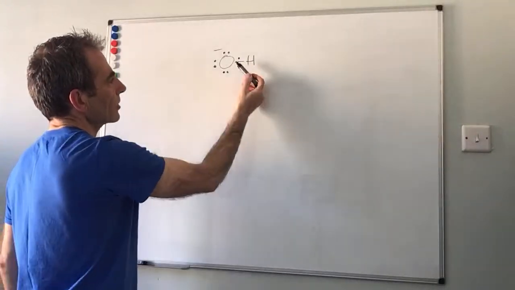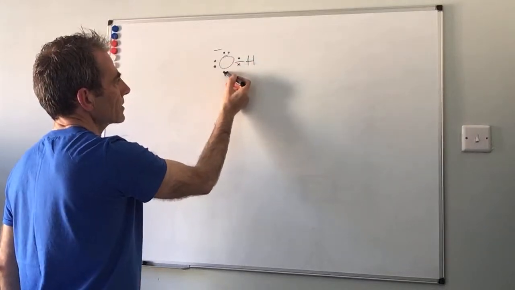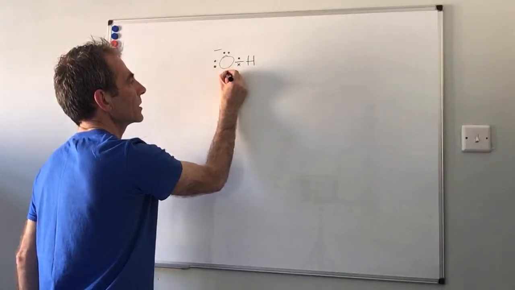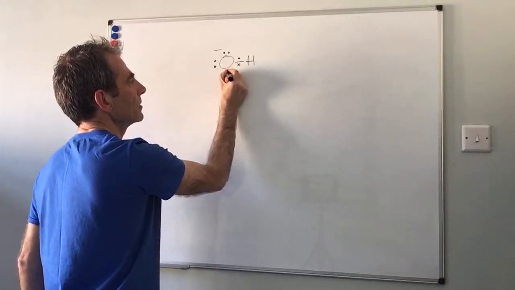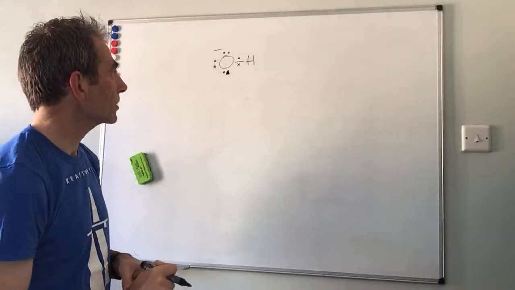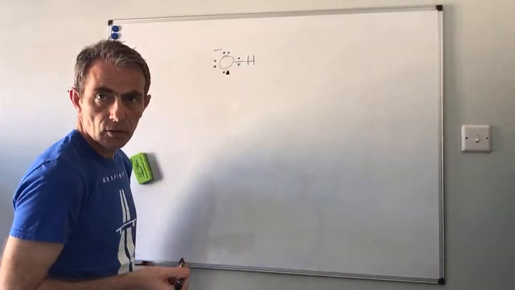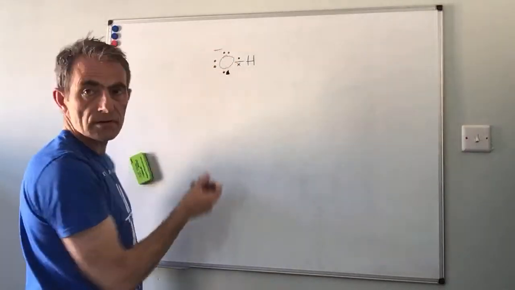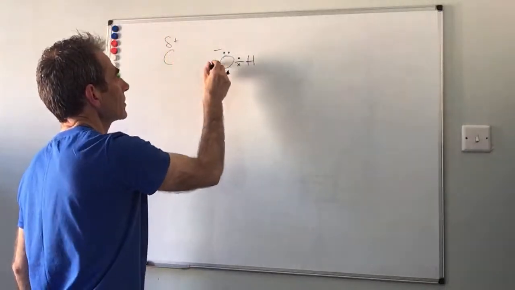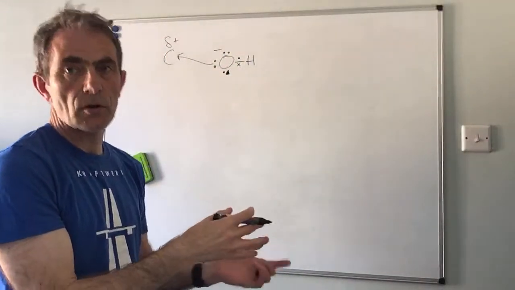Right, so oxygen is in group 6, so 1, 2, 3, 4, 5, 6, but it's negatively charged, so it's got an extra electron. So using a different symbol, that would be a dot and cross diagram for a hydroxide ion. So technically, there's 3 lone pairs around that O-, and any one of those would be attracted to the carbon delta plus. So you know that from what you've been taught, hopefully.